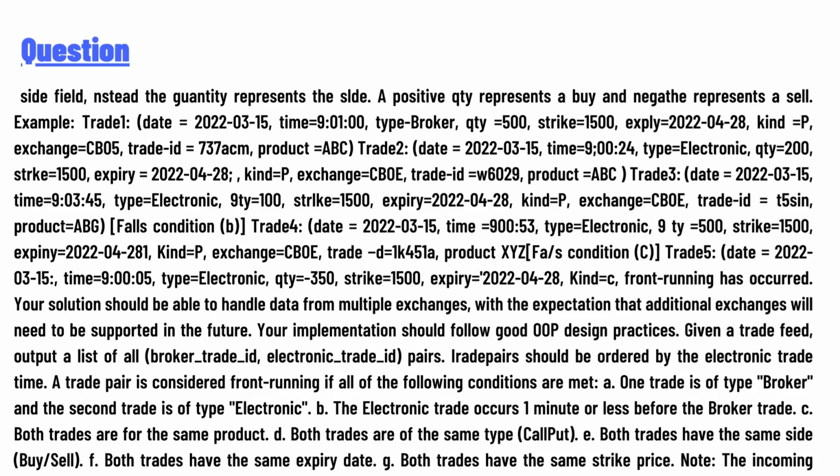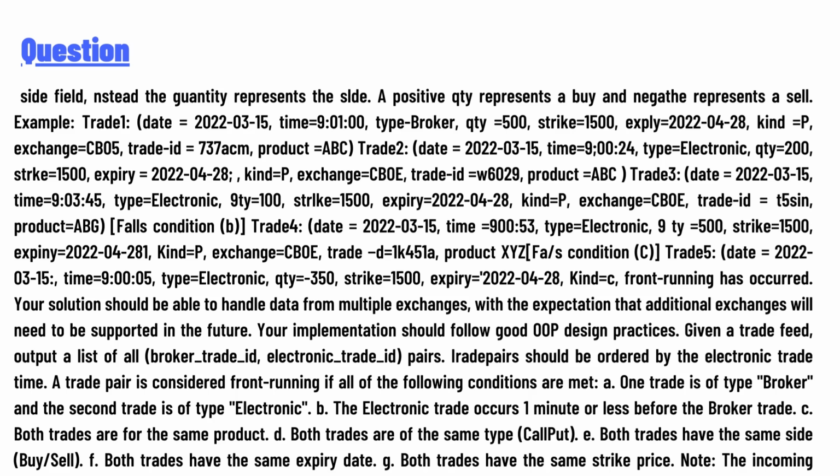Trade 3: date equal to 2022-03-15, time 9:45, type electronic, quantity 100, strike 1500, expiry 2022-04-28, kind P, exchange CBOE, trade ID T5, product FBG.